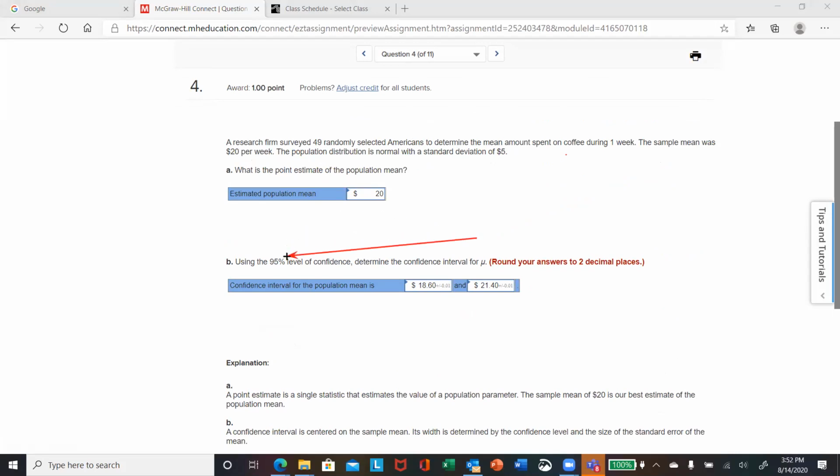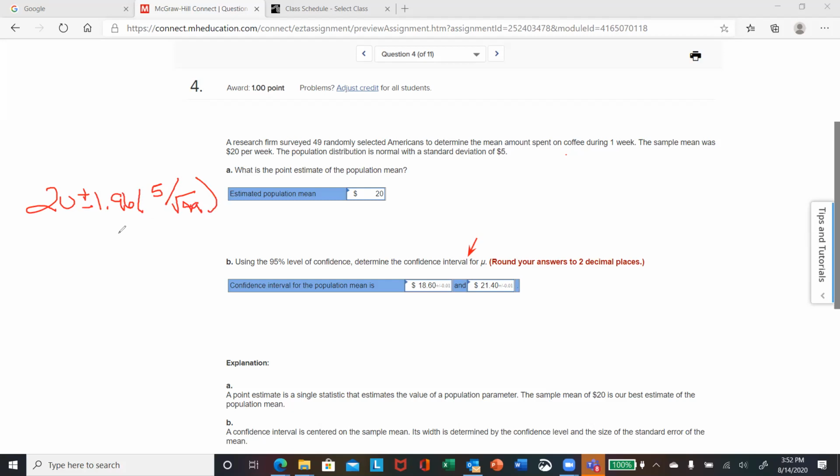And then again, at 95% confident, we know that our z-value is going to be 1.96. So we're going to plug that in. You would have 20 plus or minus 1.96 multiplied by sigma, which is 5, all over the square root of 49, because that's your sample size.